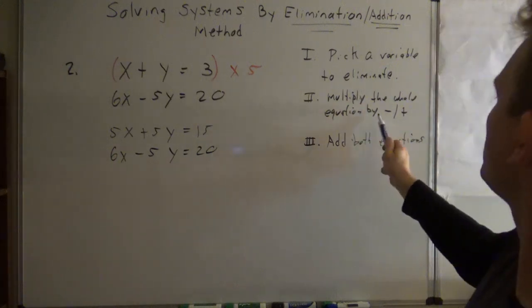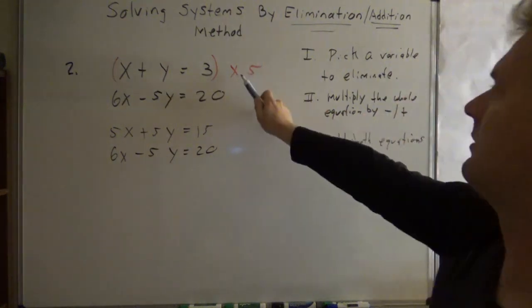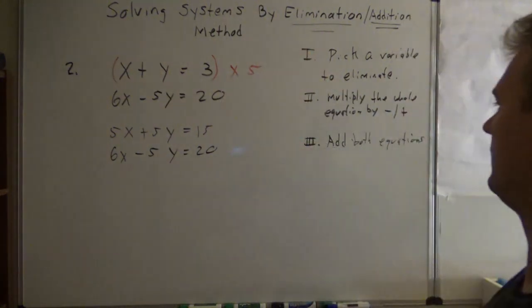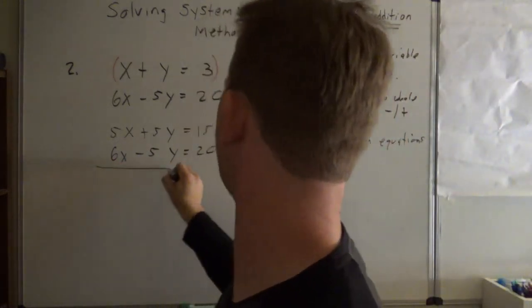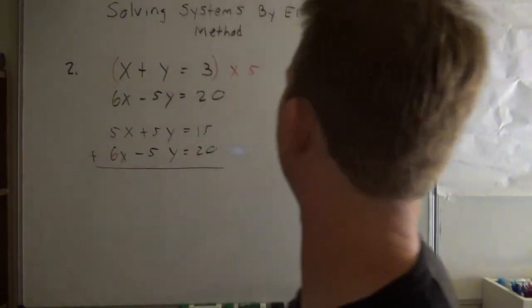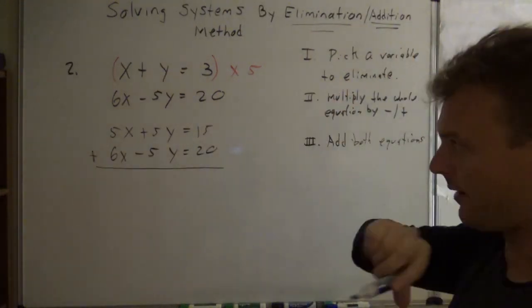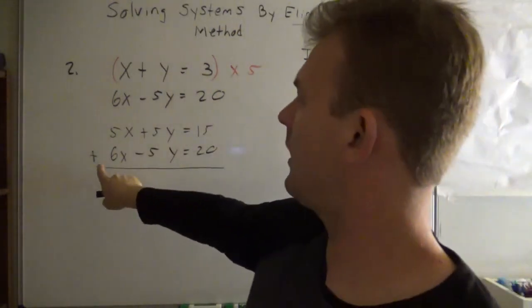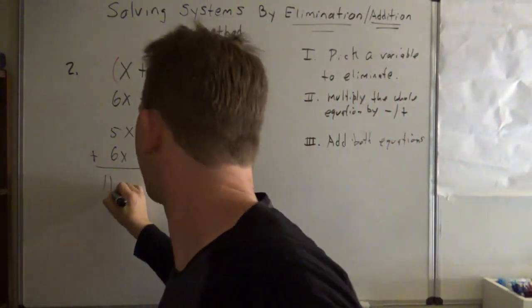Multiply the whole equation by a negative or a positive. Well, in this case, this was a positive. 5 is fine. Add both equations. So, like this, add. That's why addition comes up in the title. So add them up. Well, we got 6x plus 5x is 11x.